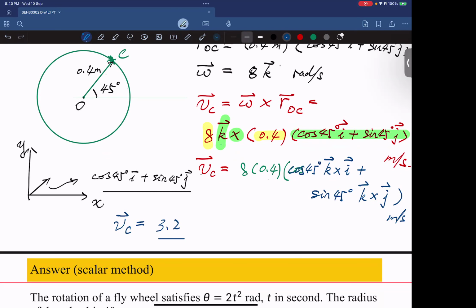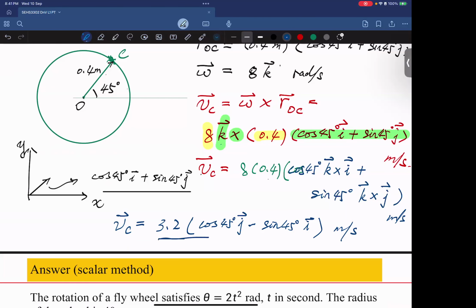Okay. And what is the direction? We can calculate the direction here. So for cosine 45, K cross I is J, right? So it is cosine 45 J, and sine 45 K cross J is negative I, right? So it's going to be negative sine 45 I, meter per second.